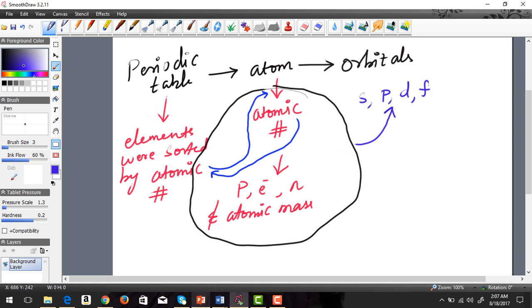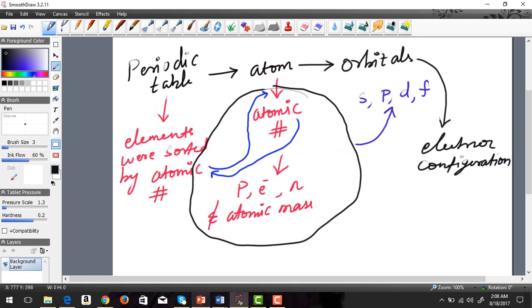And then the final phase is electron configuration, right? And what did we talk about there?